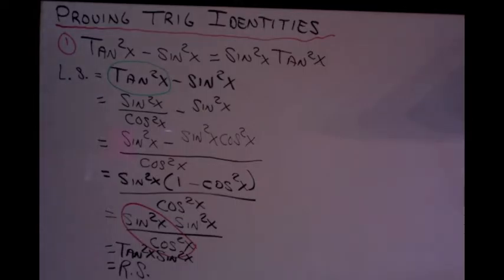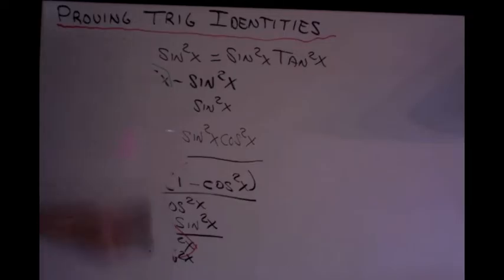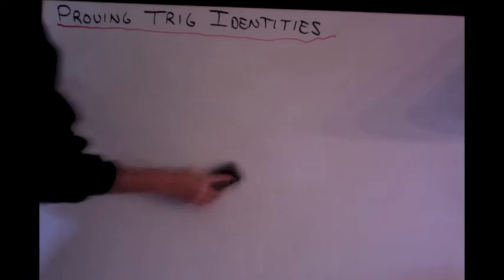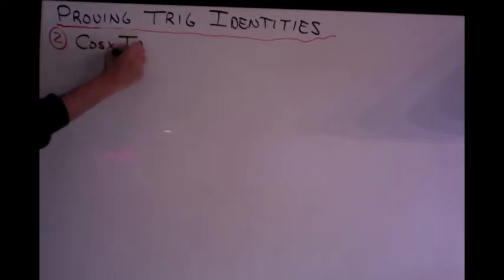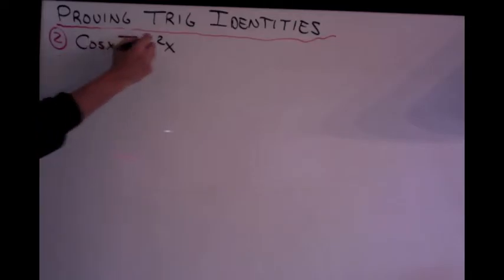Let's try one more. All right, so for a second example for this video, let's take this time cos x tan squared x, and that's supposed to be, oh, excuse me, not tan squared x, I want to change that.